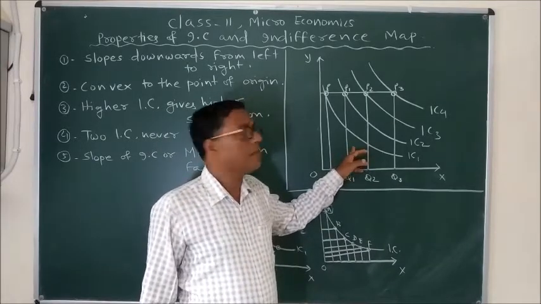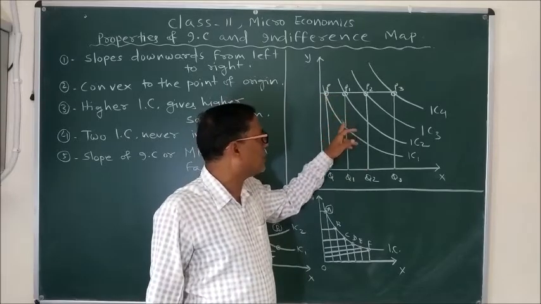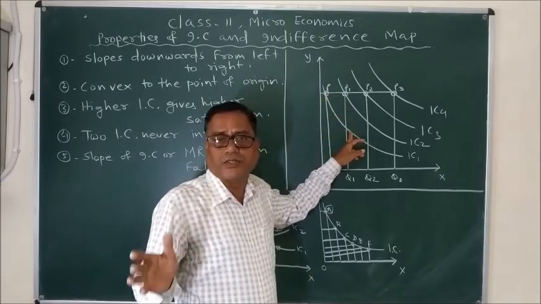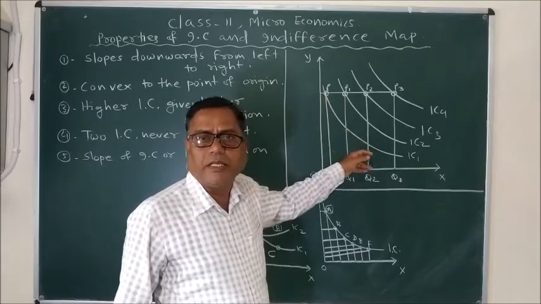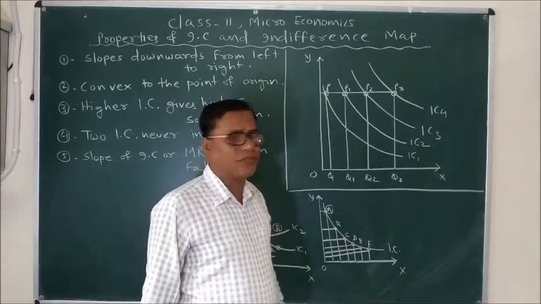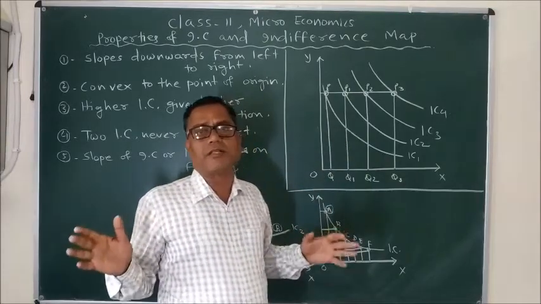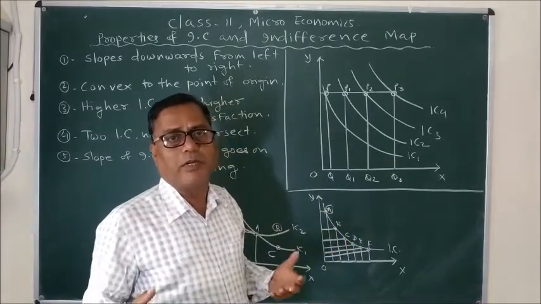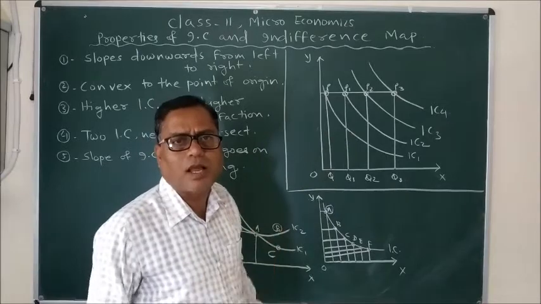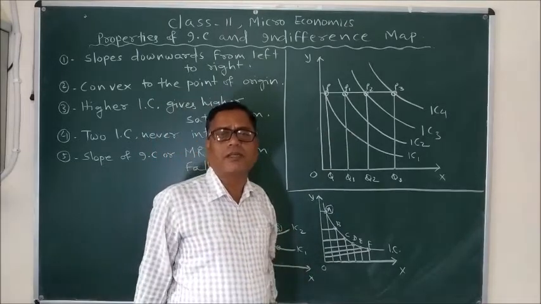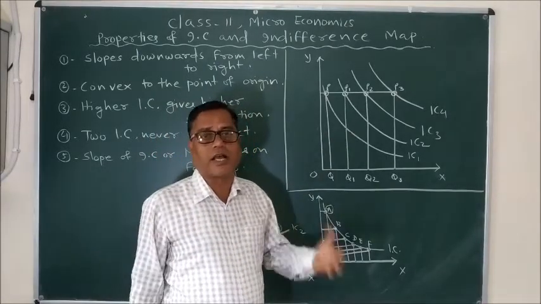If point A, point B, point C lie on the same indifference curve, those three points represent different combinations of x and y. In some combinations you will find more x and less y, or in other combinations you will find more y and less x.